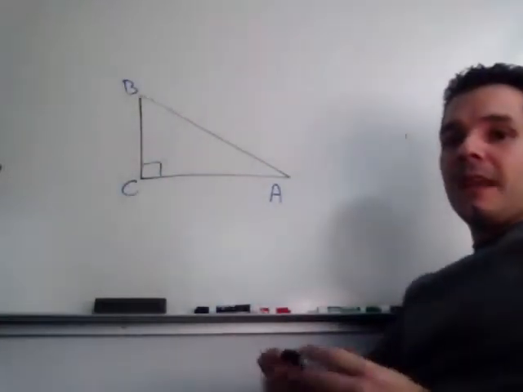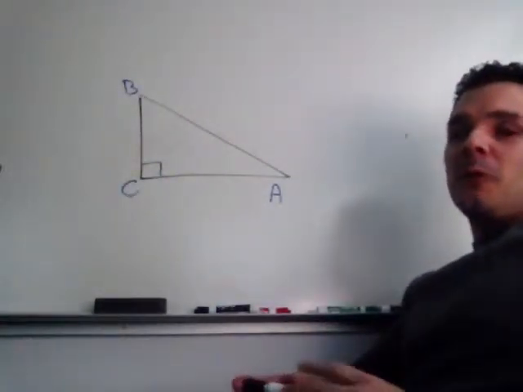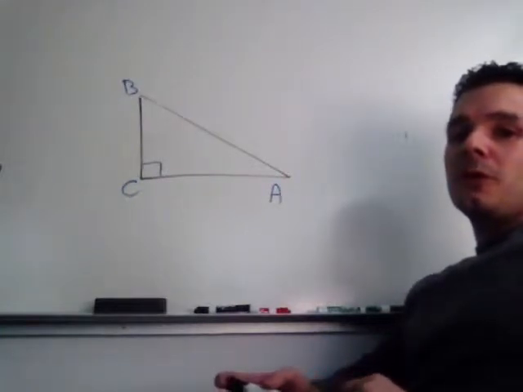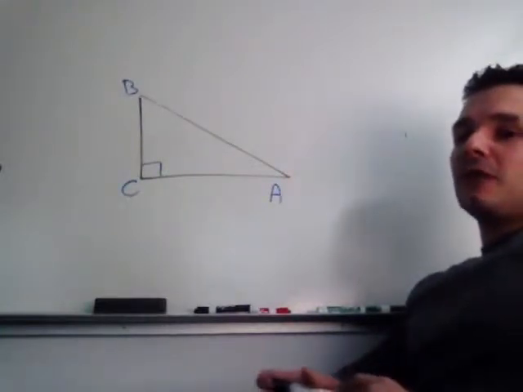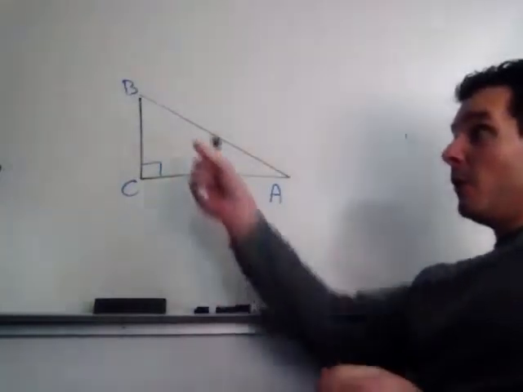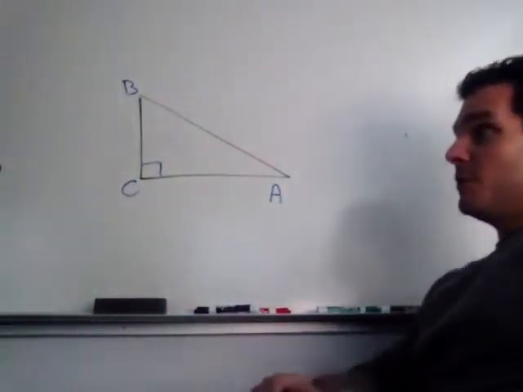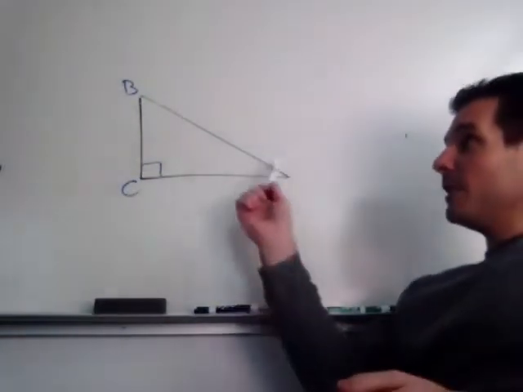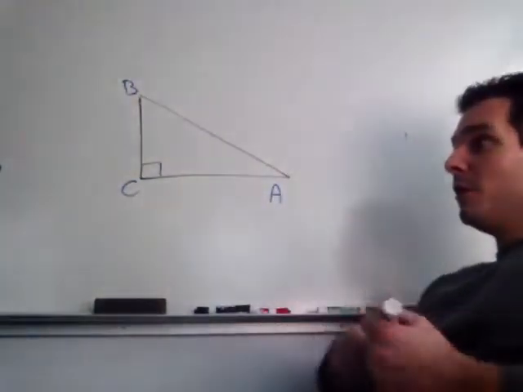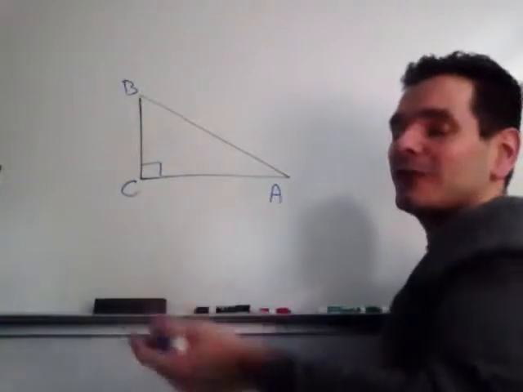And probably the first thing you do with triangles in geometry class is say that these three angles have to add up to 180 degrees. So the sum of the three interior angles of the triangle is 180 degrees.